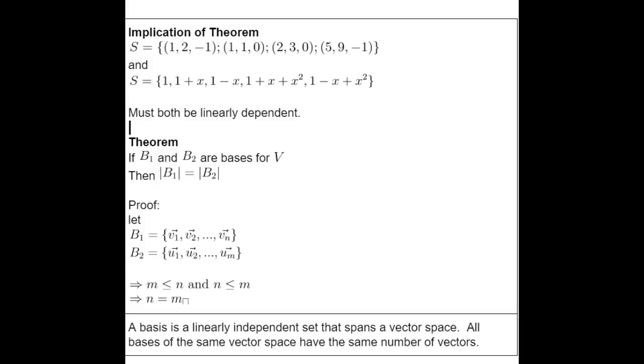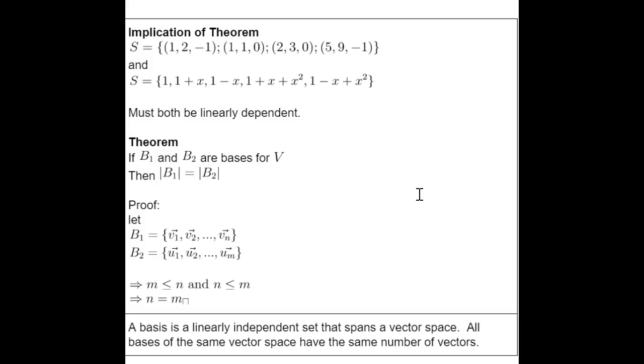If I have a set for P3 that has 5 polynomials in it, then this can't possibly be a basis. Not to mention there's no x cubed in there, but it can't possibly be a basis because it's too large, right? Because the bases for P3 only have 4 polynomials: 1, x, x squared, x cubed is enough, right? So in the standard basis, this is already too large.